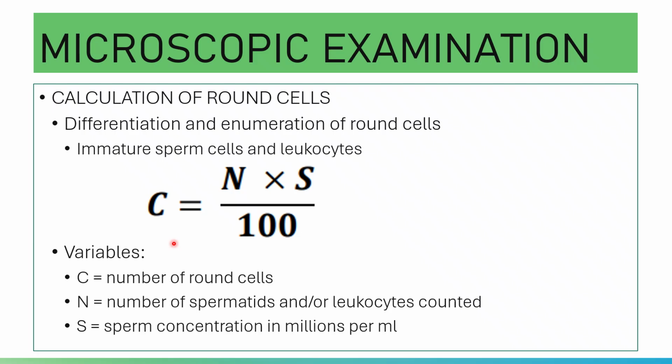You can differentiate them from spermatogenic cells and lymphocytes using peroxidase stain. Count your round cells separately, or you can count the number of spermatids or leukocytes seen in conjunction with 100 mature sperm cells.